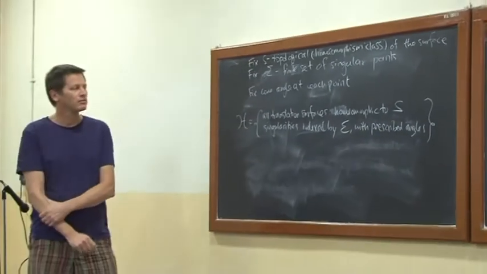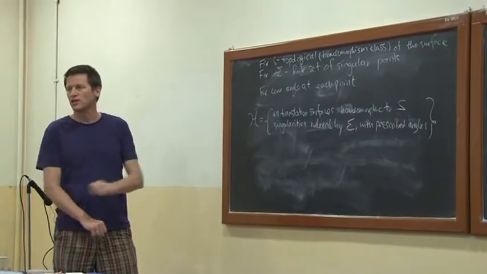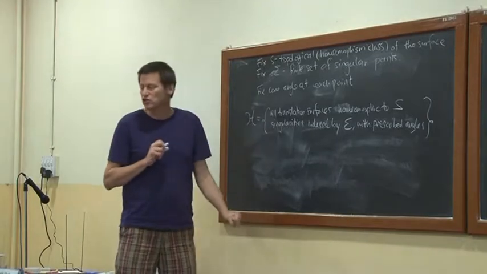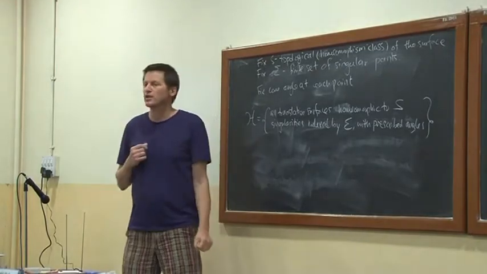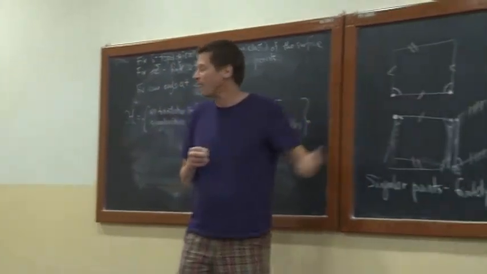And SL2R acts, and now I want to topologize this space. In order to topologize this space, I note the following. If I have such a translation surface, I can use the planar structure to integrate paths.